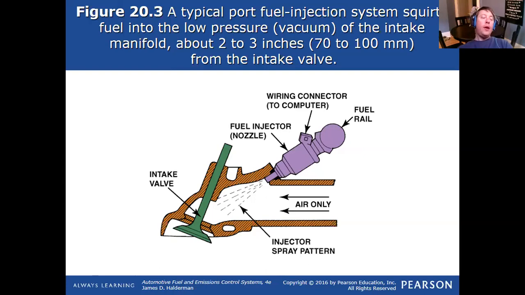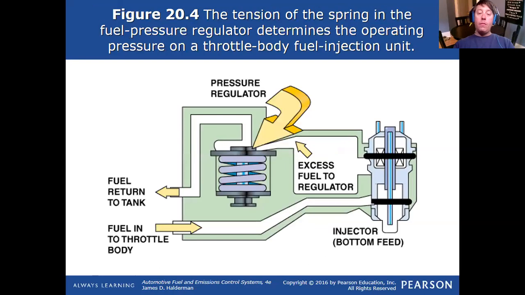But for your average passenger truck that's going to come into your shop, it's not going to be as big of an issue, but just keep it in the back of your mind. Manifold vacuum has an effect on fuel delivery because it helps pull the fuel out of the injector.